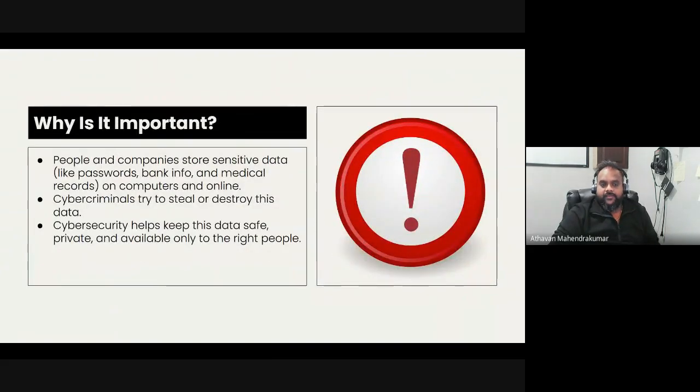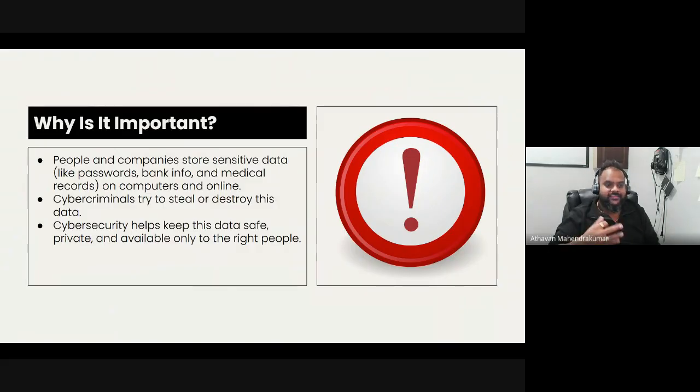Why is it important? People and companies store sensitive data like passwords, banking information, medical records, and also company secrets on a computer and online, right? Cyber criminals try to steal or destroy this data. Cybersecurity helps keep this data safe, private, and available only to the right people. You see, this is the important thing about cybersecurity.